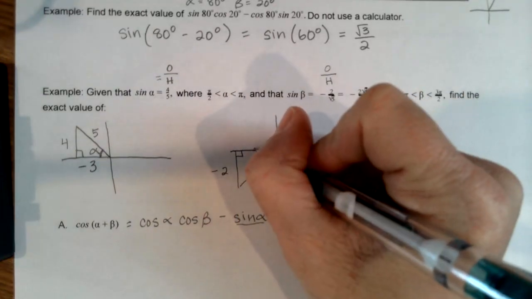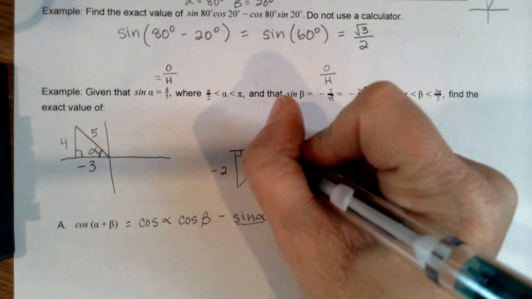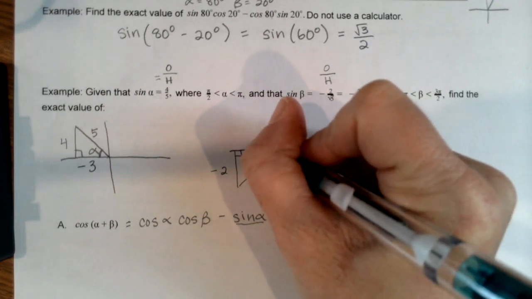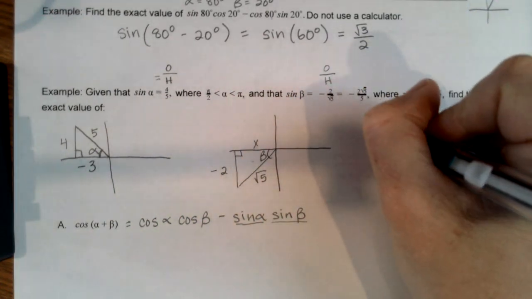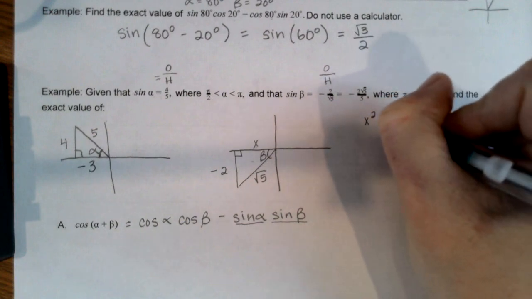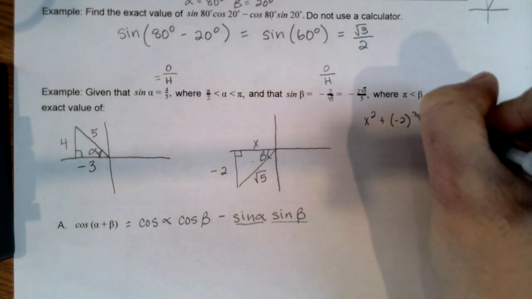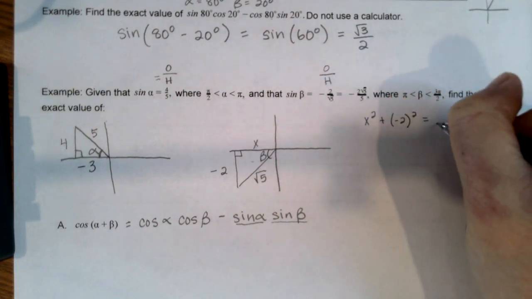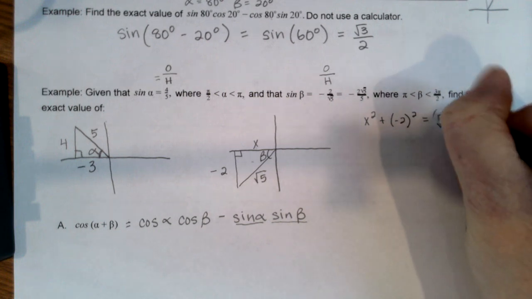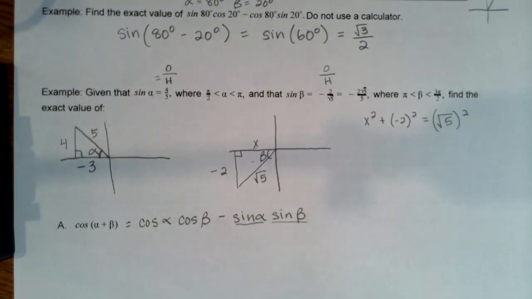So now I need to find my adjacent side. I know that this is also my x value. So I have x squared plus negative 2 squared is equal to my hypotenuse, the square root of 5, squared. That's just using the Pythagorean theorem.